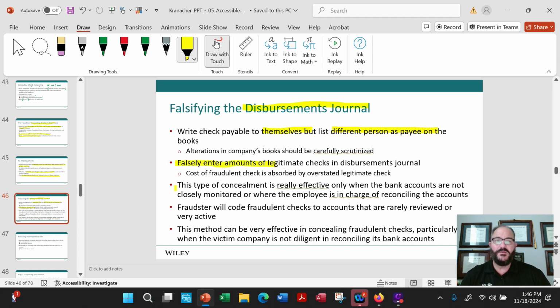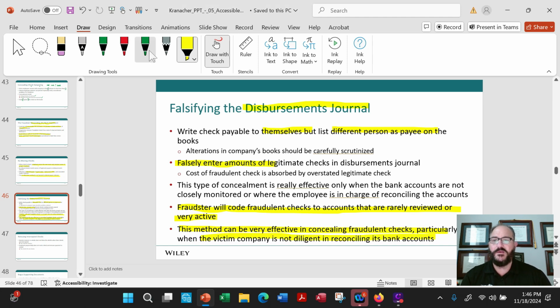The other thing, they'll try to code fraudulent checks to accounts that are rarely reviewed or very active. If they're very active, they're hoping to just hide it in the mess. And if they're rarely reviewed, people aren't paying that much attention to them. So notice here, this method can be very effective in concealing fraudulent checks when the company is not diligent.